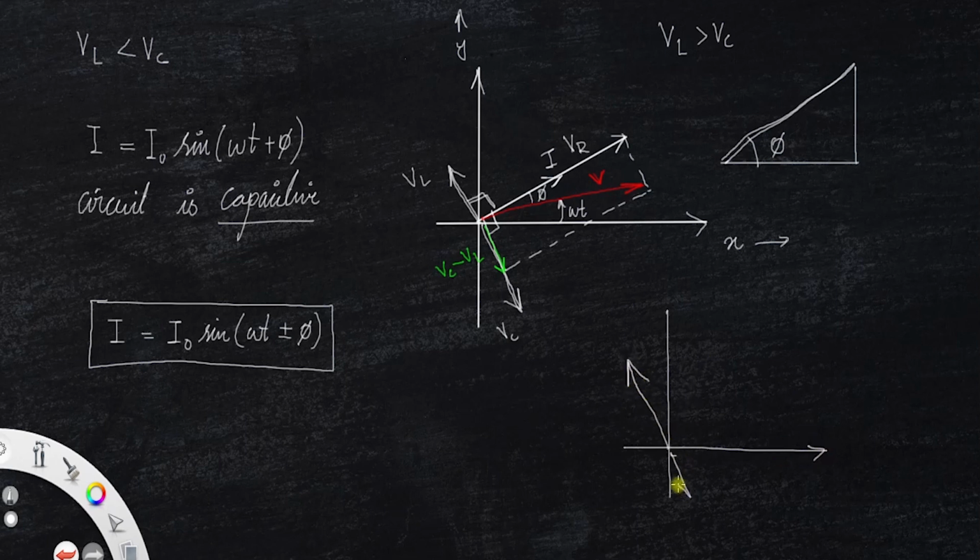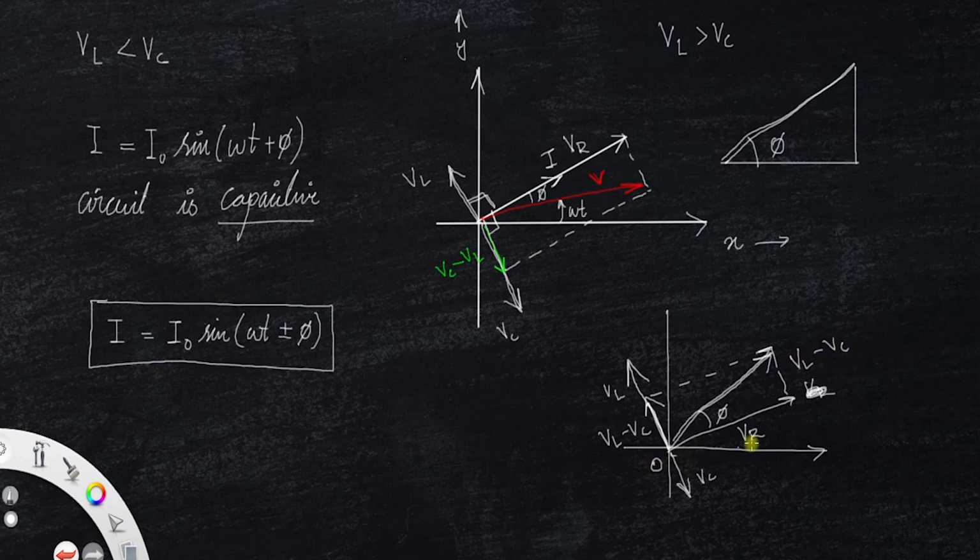This is VL, this is VC, this is VR. We have VL minus VC, this length, and the resultant here. This is angle phi. This length is VR, and this length is actually VL minus VC.